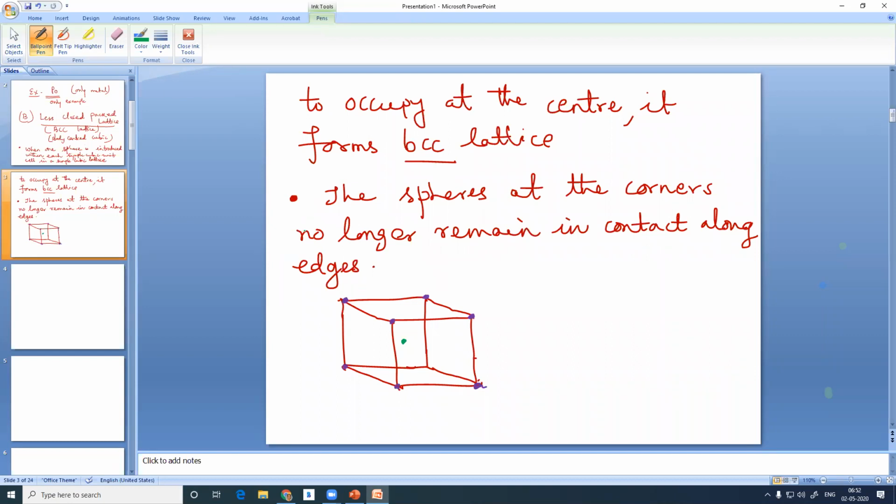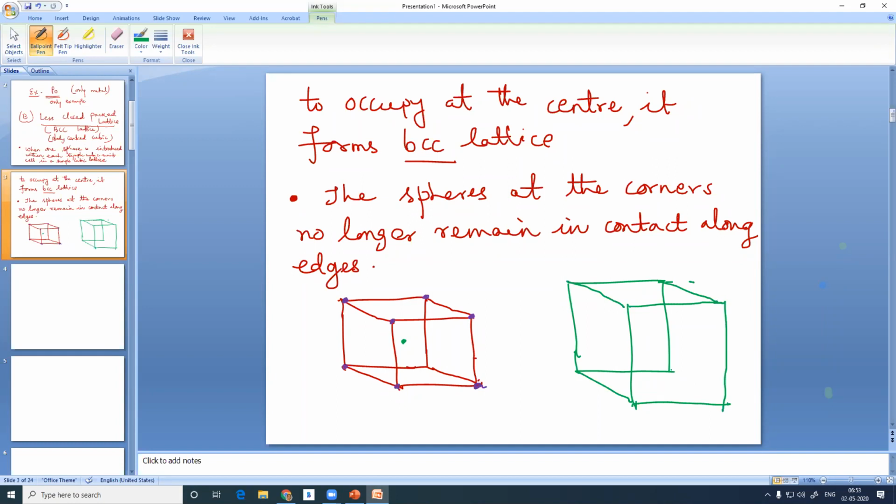So what will happen? Let me draw the space filling model in a partial way, because it is not possible for me to draw the complete model, but I can show the picture later.